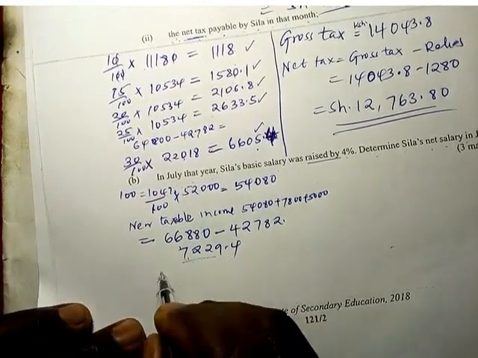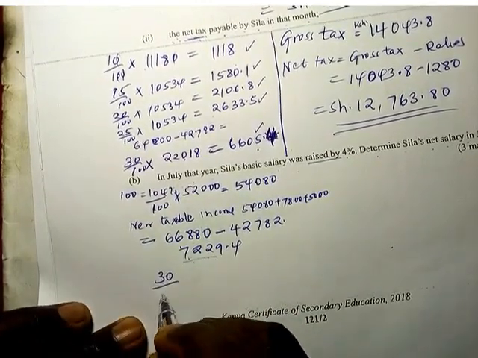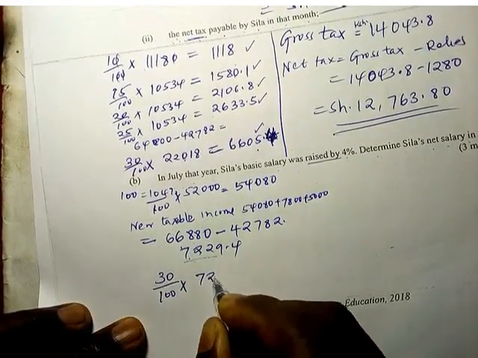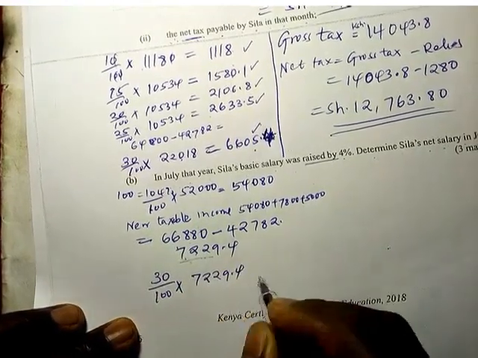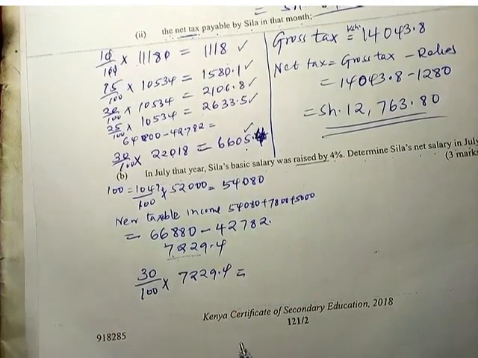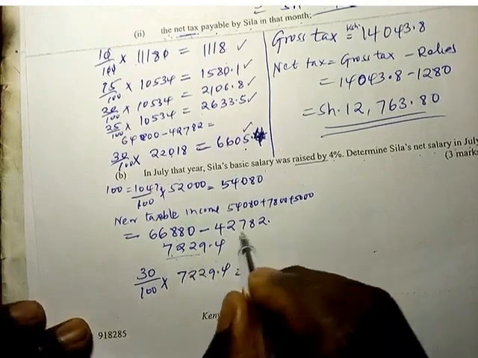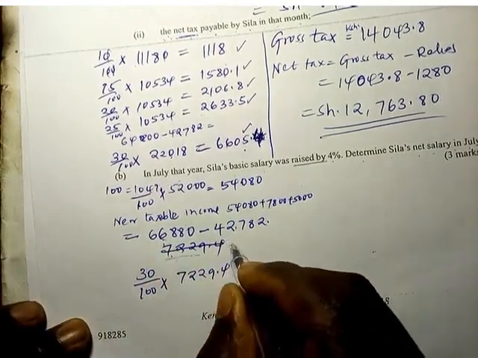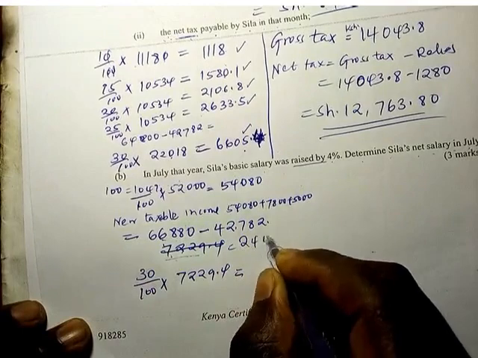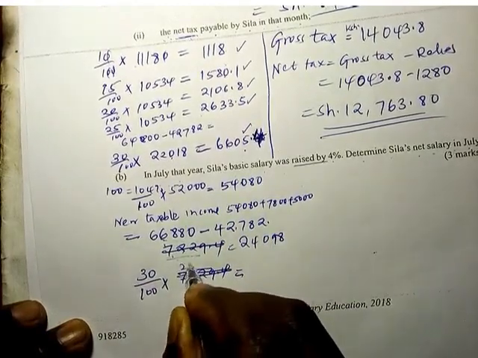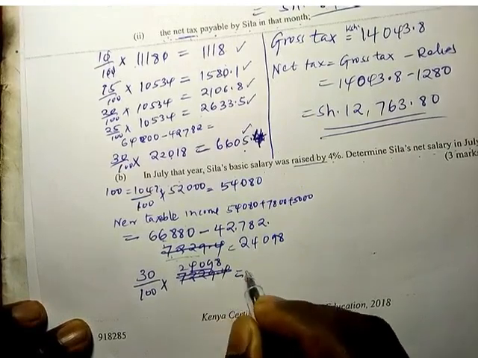So now 30% over 100 times the excess 37,229.4. Utapata hiyo tax itakuwa this minus this, the answer is going to be 24,098. So here we are multiplying with 24,098.